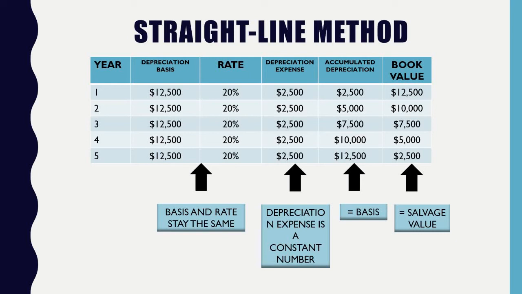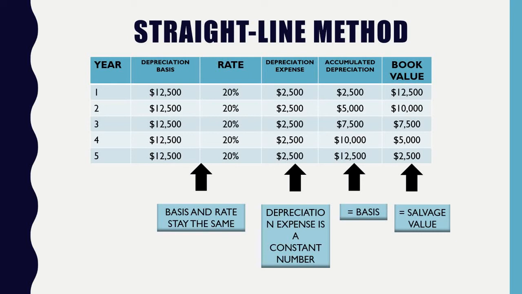So in this case, this is one of the easier depreciations, because once you solve for one, boom, you're pretty much done for the rest of this life, because it's going to be constantly depreciating it by the same amount every single time. Okay, so you're going to have the depreciation, basis, rate, and the expense to be the same.